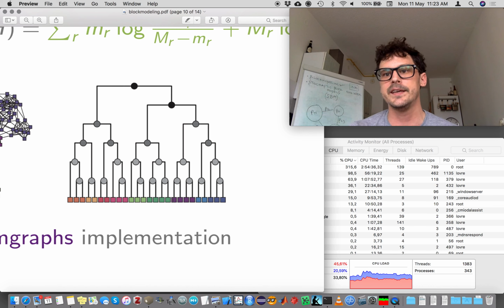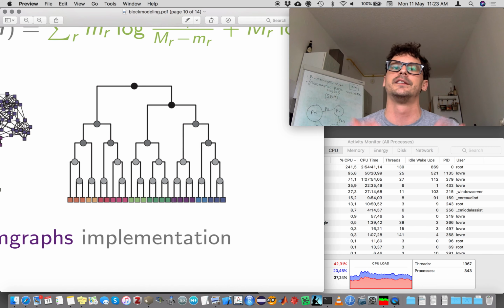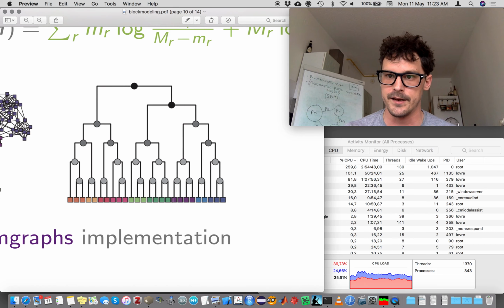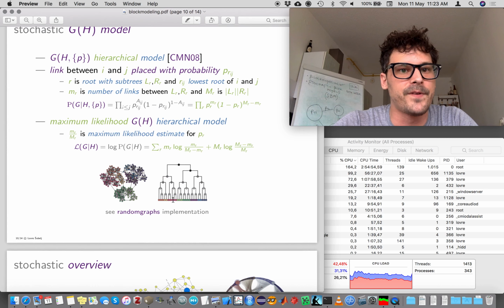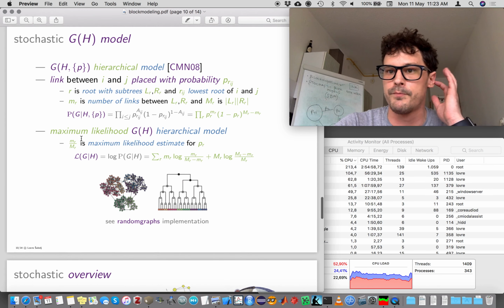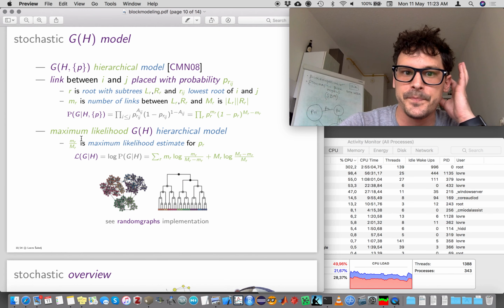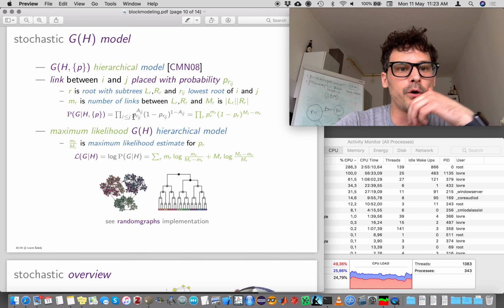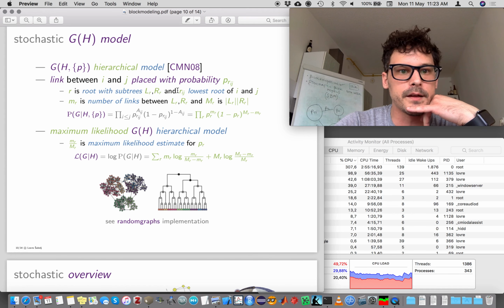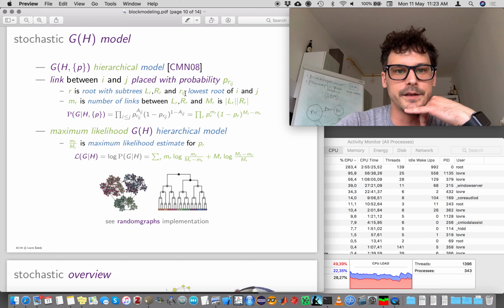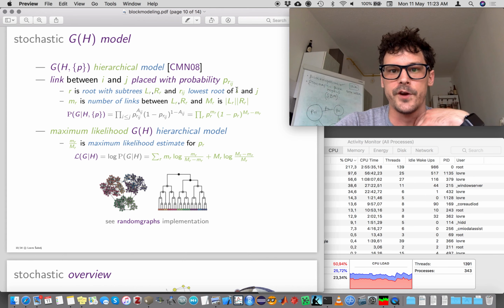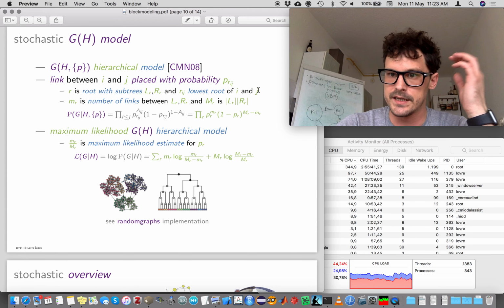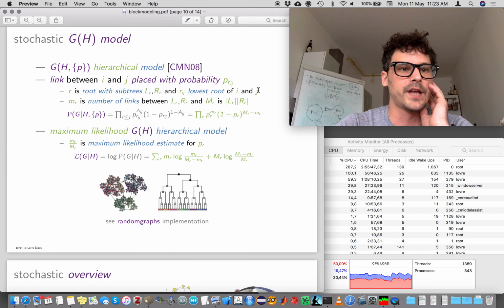And the probability assigned to that root is basically the probability of a link between nodes i and j. So now we can write down the formulas exactly as we did before. Let r_ij denote the lowest common root of nodes i and j. This is basically the probability of a link between nodes i and j.